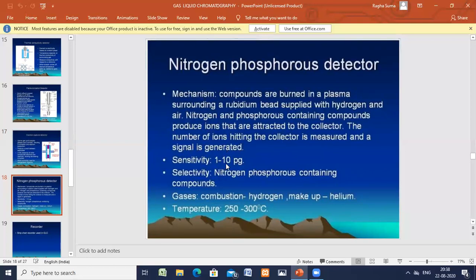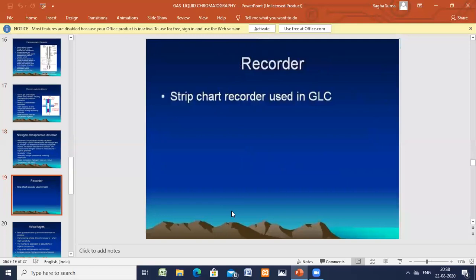Sensitivity is 1 to 10 per gram. Selectivity: nitrogen and phosphorus containing compounds can be detected. Gases are hydrogen for combustion and helium, and the temperature is 250 to 300 degrees centigrade. A strip chart recorder is used in GLC.